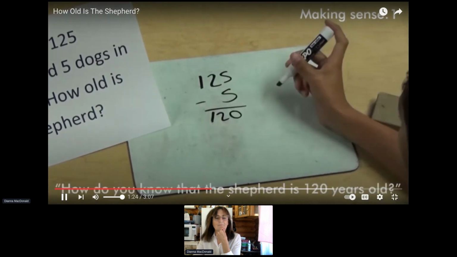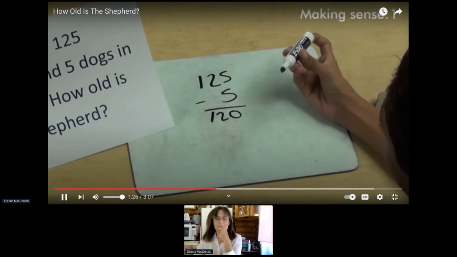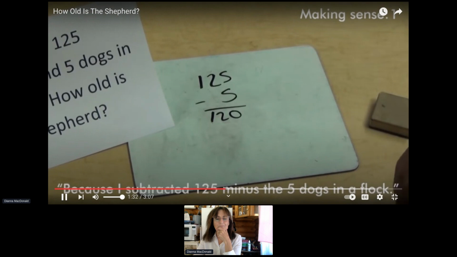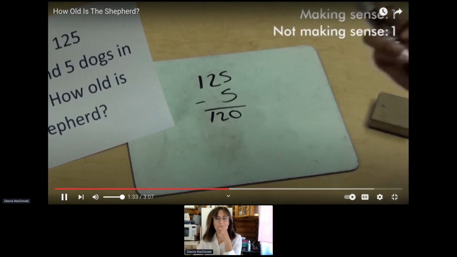Because I subtracted 125 minus the 5 dogs in a flock.